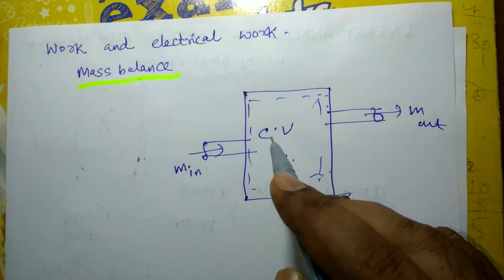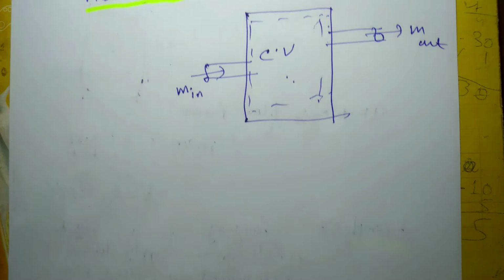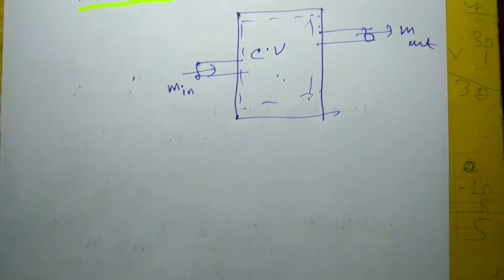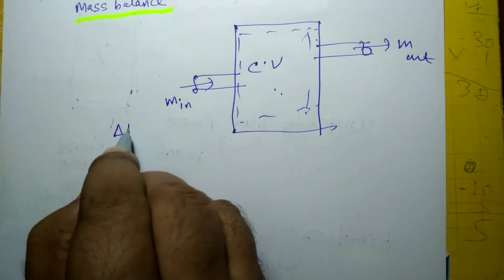Steady flow processes occur continuously over a long period of time. On the other hand, unsteady flow processes occur for a finite period of time. That's a big difference between the steady flow process and unsteady flow process. Steady flow process continues for a long time period, but unsteady flow processes occur for a finite period of time, that is for suppose delta t period of time.